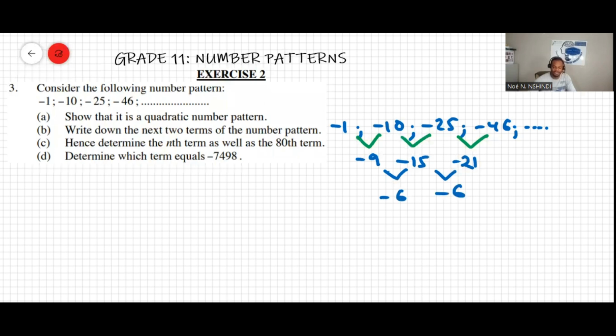Now the fact that the second difference, d2, is constant, then we can say this is a quadratic pattern.